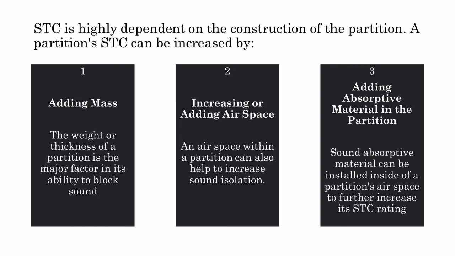An airspace within a partition can also help to increase sound isolation. Lastly, for number 3, adding absorptive material in the partition. Sound absorptive material can be installed inside of the partition's airspace to further increase its STC rating.